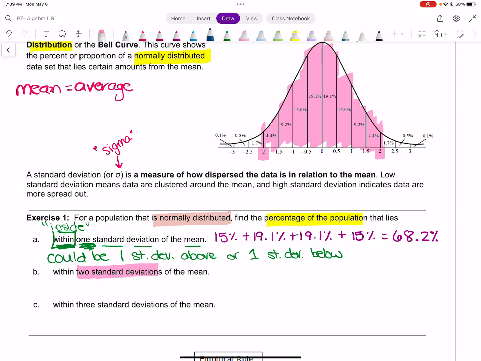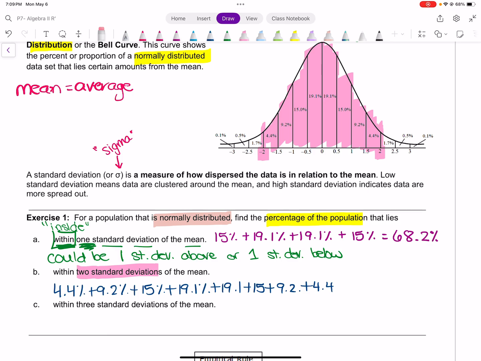So adding up all of those percents, you're going to do 4.4 plus 9.2 plus 9.2 plus 15 plus 19.1 plus 19.1 plus 15 plus 9.2 plus 4.4.